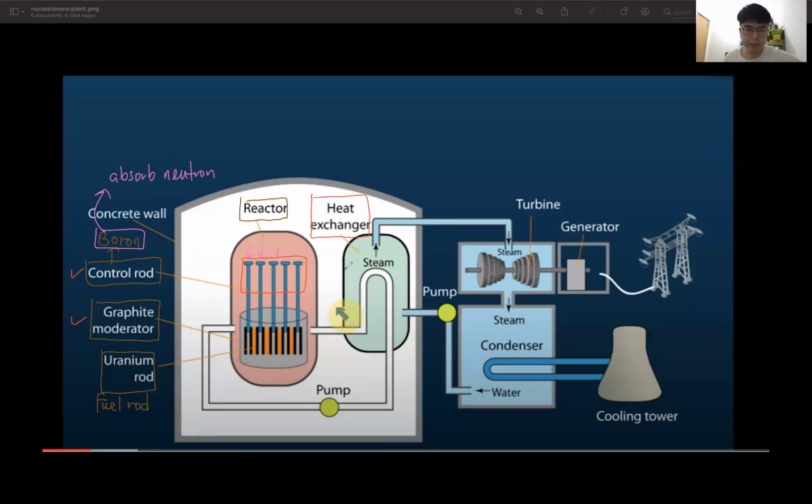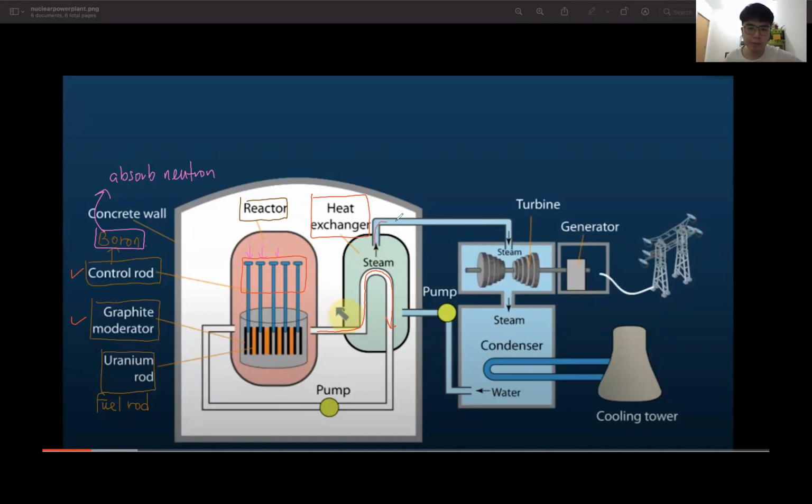Basically, you have water converted into steam in the heat exchanger. You can see the tube here. The heat energy is passed through the tube, and you have water in the heat exchanger in contact with the tube. So it gets the energy, it heats up and changes into hot steam.